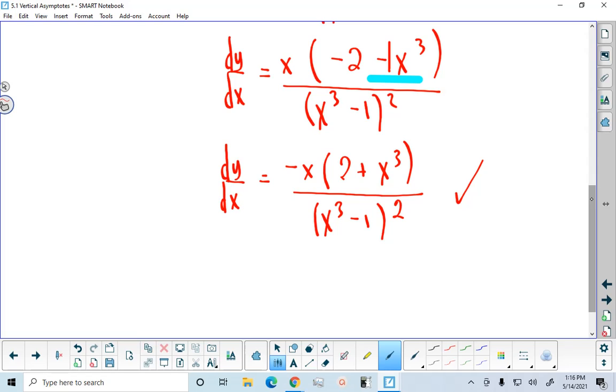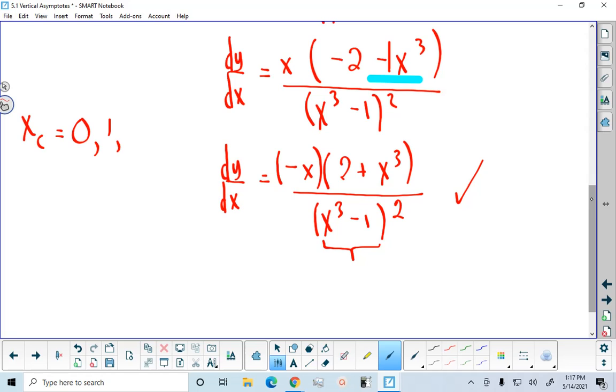So we're doing this so that we can find the first derivative's behavior over the different intervals. The critical values of x, we have a 0 because of that factor of negative x. We have a 1 because of x cubed minus 1. Or if you factored x cubed minus 1, you would get a factor of x minus 1. I'm going to tell you in a bit why we don't need to factor it.